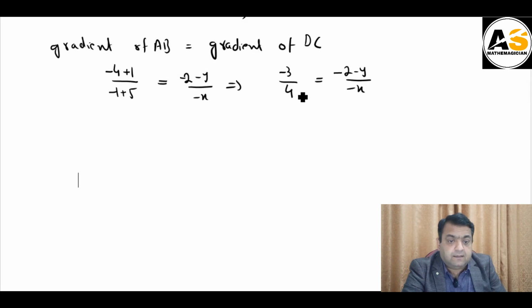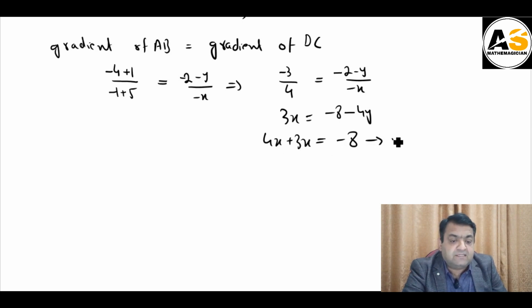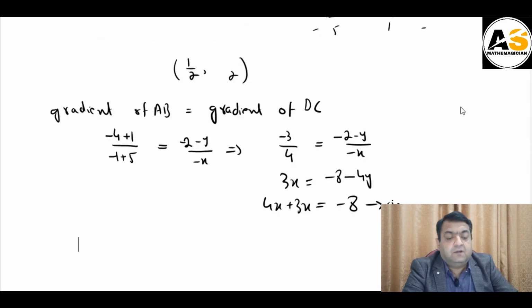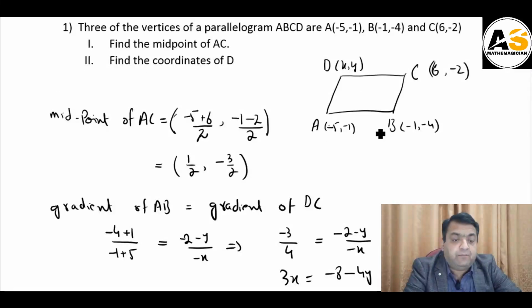What I will get? This negative x into negative 3 will be 3x, is equal to -8 minus 4y, or 4y plus 3x is equal to -8. I got one equation. This equation is obtained by putting the gradients of AB and DC equal.